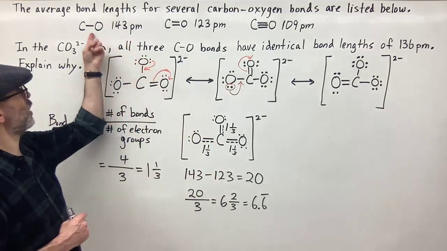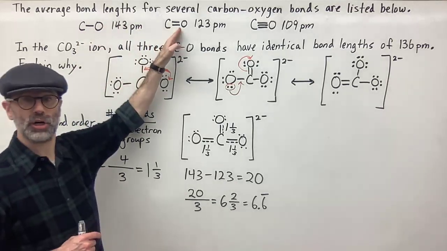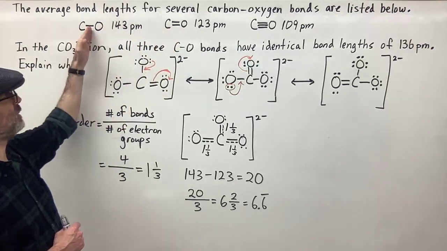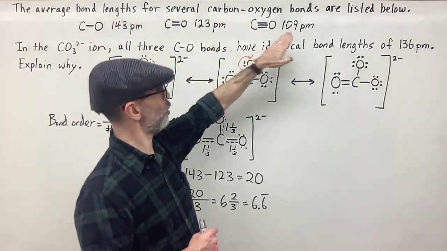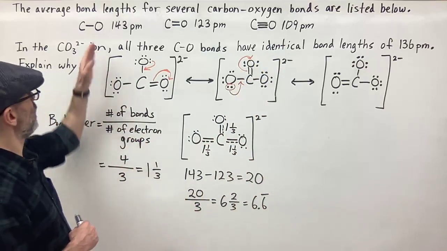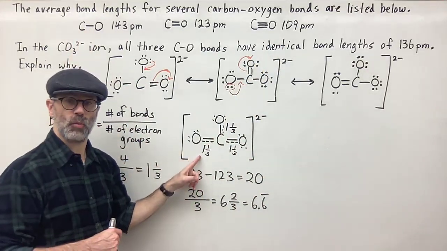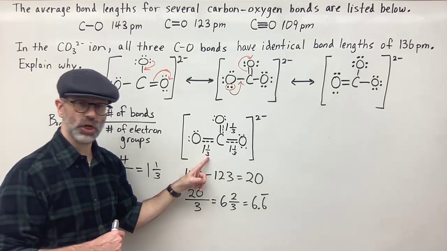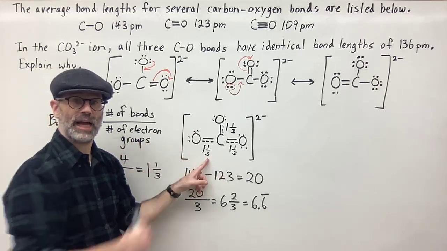So notice again here, as you increase the bond order from single to double to triple, the length of the bond decreases. So here, we're going to increase the bond order from 1 to 1 and 1/3 bonds. So we're going to increase it towards the double bond by 1/3.